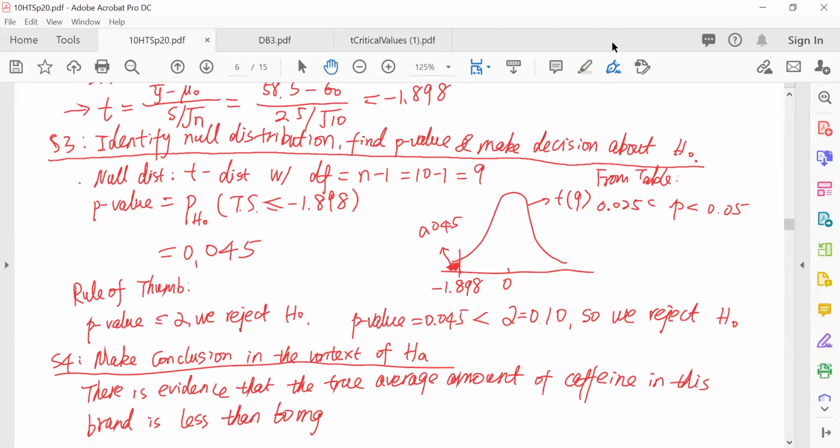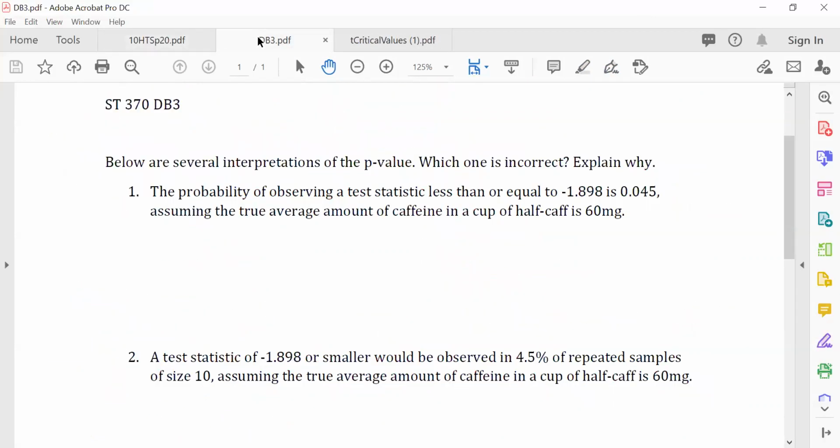Now let's go back to the discussion board question that I assigned you guys at the end of last video. Okay, here comes the exciting time. Who is correct? So the first one, we are talking about the interpretation of the p-value we just calculated.